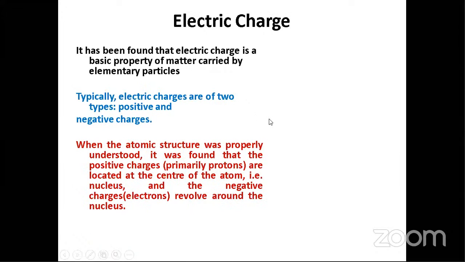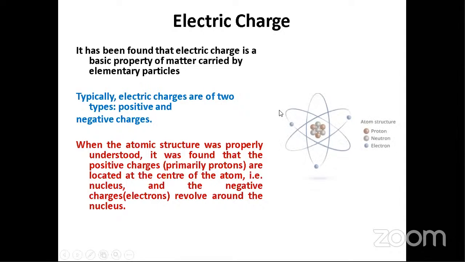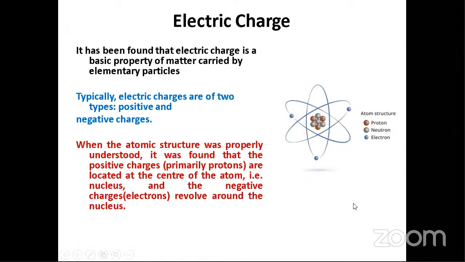Electric charge is of two types, because all of you know the atomic structure. From the atomic structure, you know that electric charge is of two types, positive and negative. In the atom's nucleus, two types of particles are present: proton and neutron.